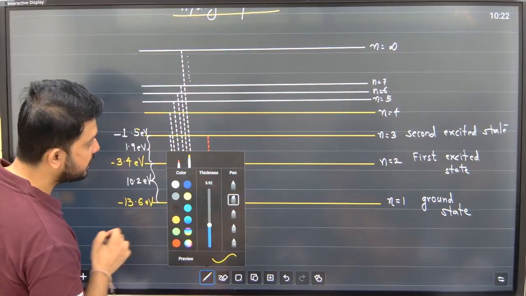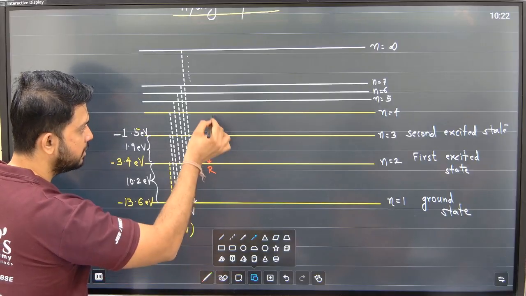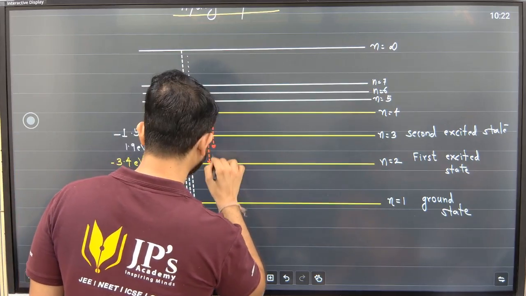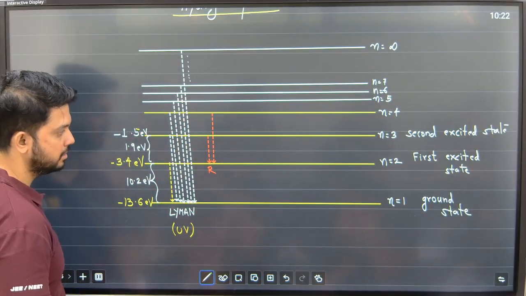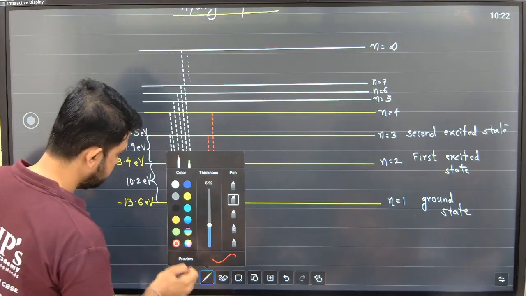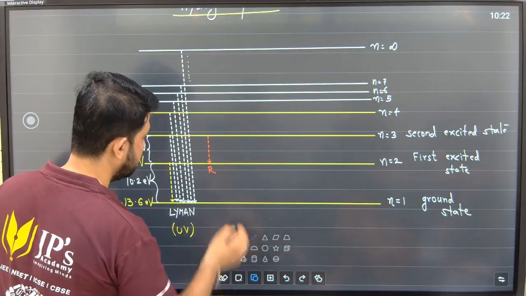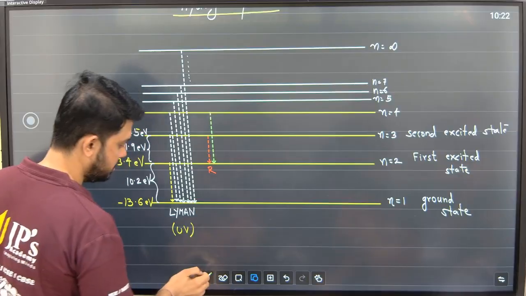When the second transition takes place from 4 to 2, you get the second color. And that second color is, people, green.